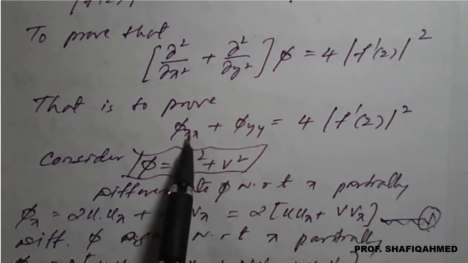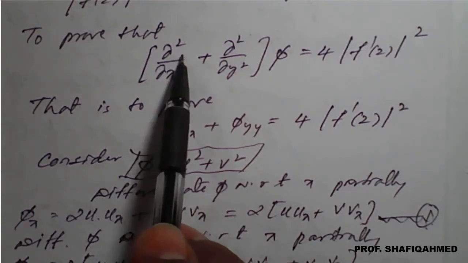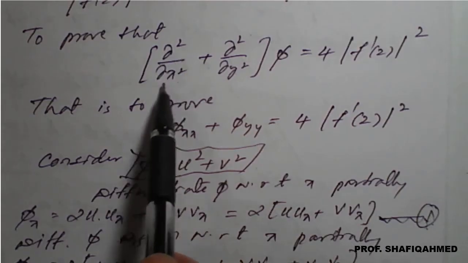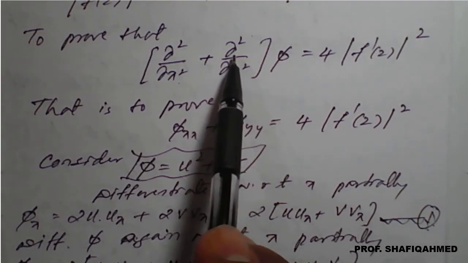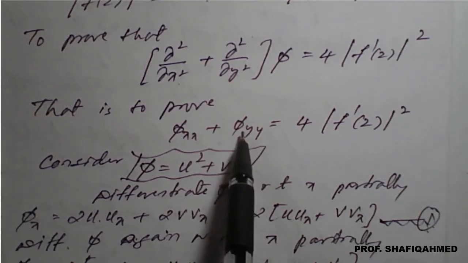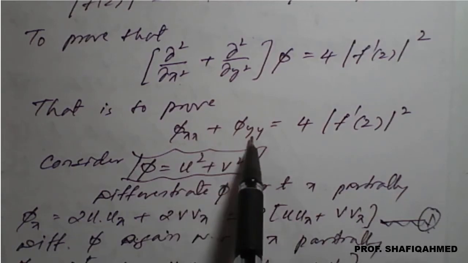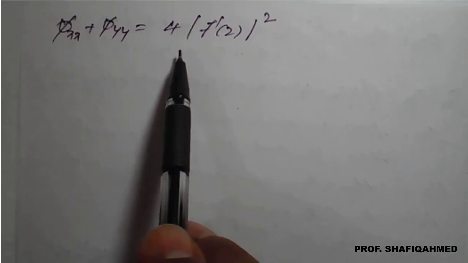If you shift this phi inside here, it will become dou square phi upon dou x square, which is nothing but phi xx, and if you multiply this phi here, dou square phi upon dou y square will become phi yy. So phi xx plus phi yy, this is the result we have to prove, and the same result we have proved now here.